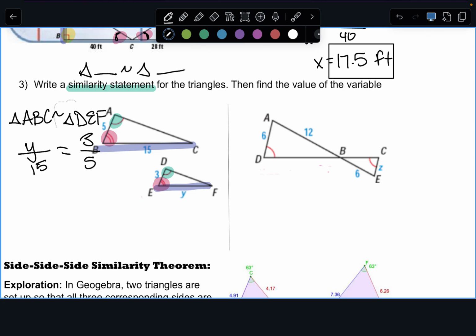That's the stuff that we did yesterday. I solve with butterfly method. So 5 times y is 5y. And 3 times 15 is 45.